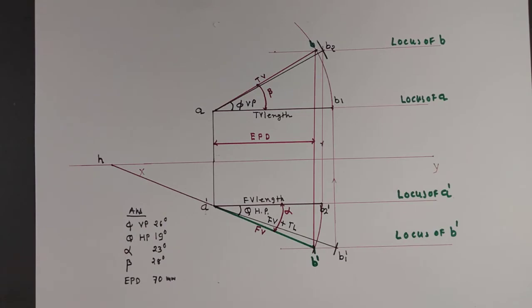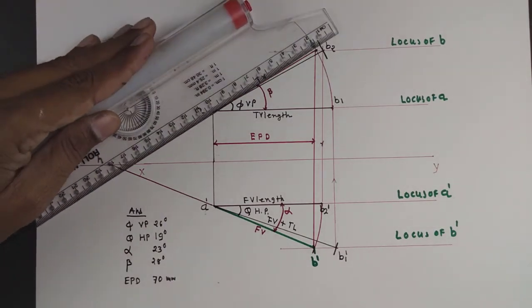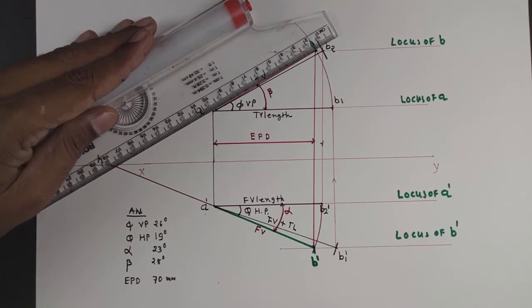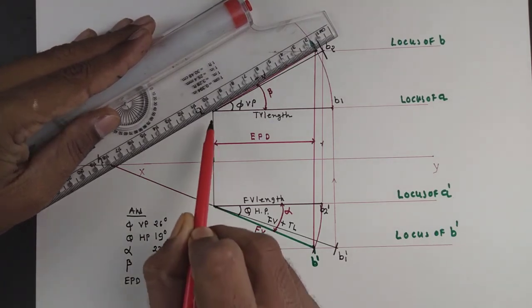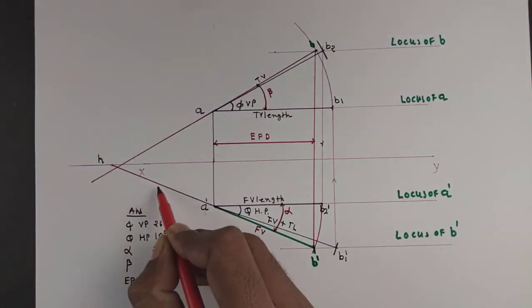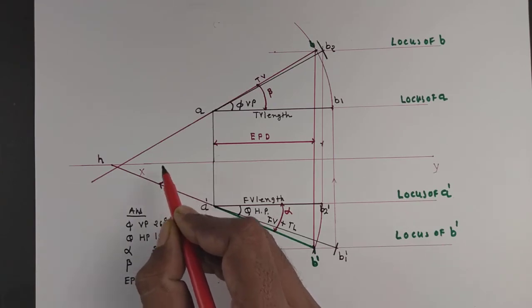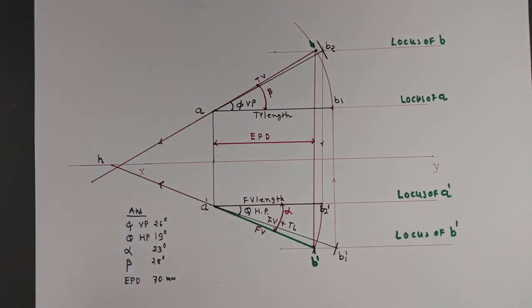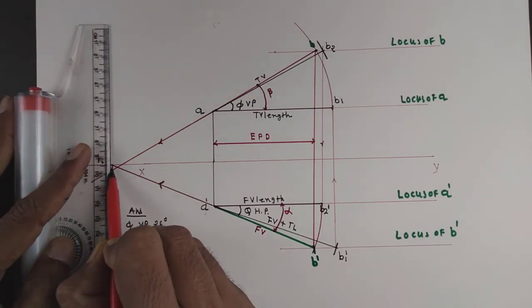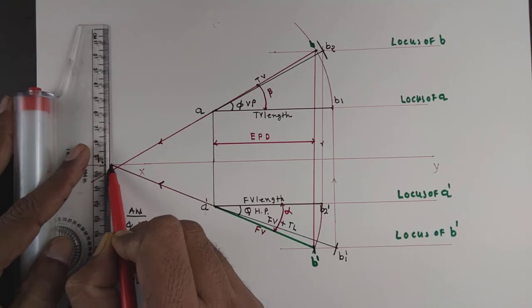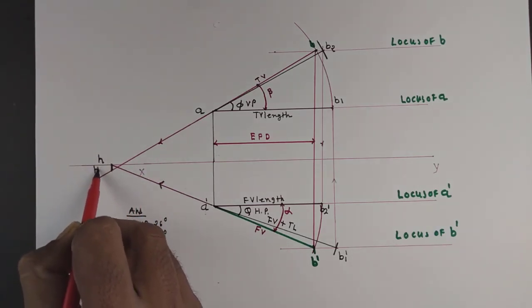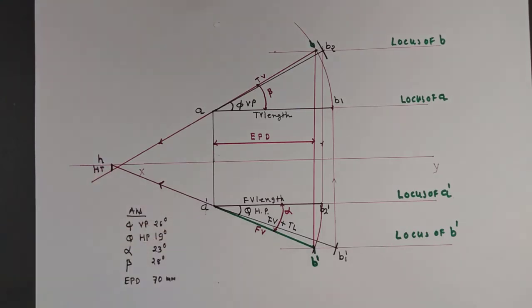Similarly, you extend your actual plan AB in the same direction, and from the H point, if you draw the vertical line on the plan, this vertical dimension is called the horizontal trace HT.